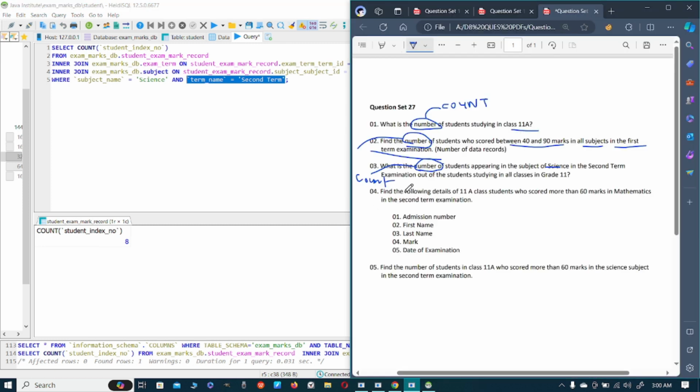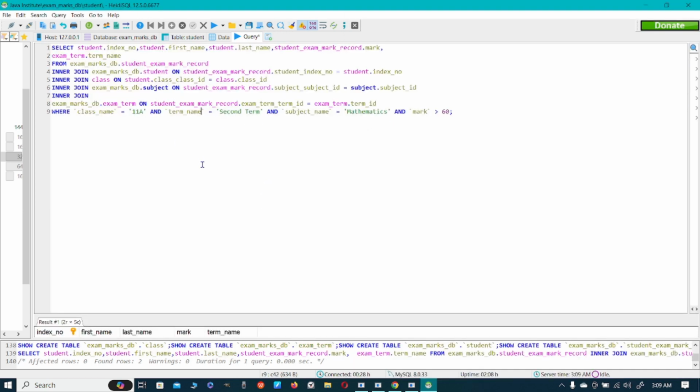So the fourth question: find the details of 11A students who scored more than 60 marks in mathematics in the second term examination. We have to find this set of details: the admission number, the first name, the last name, the mark, and the date of examination. So this would be our fourth query.